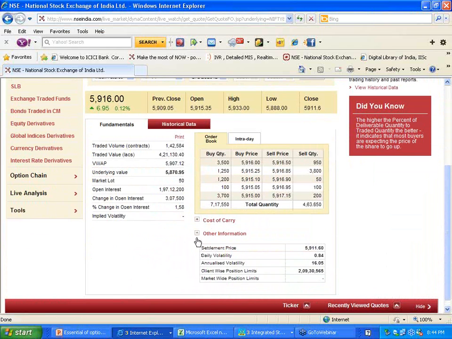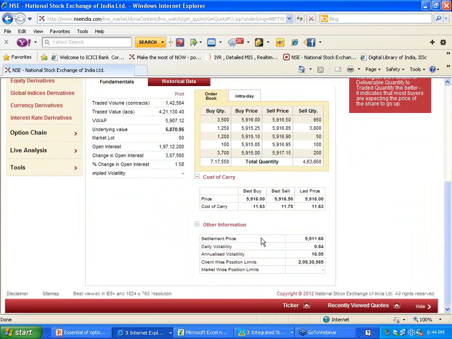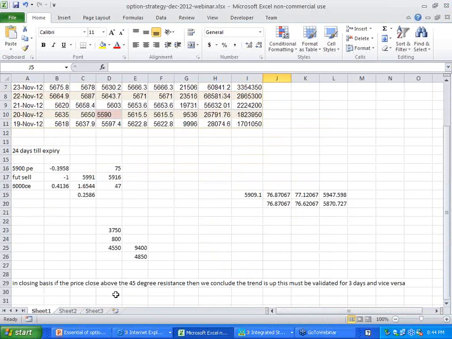So here it is telling me annual volatility is in the 16% band. So it is 16%. So it is a low volatile market.